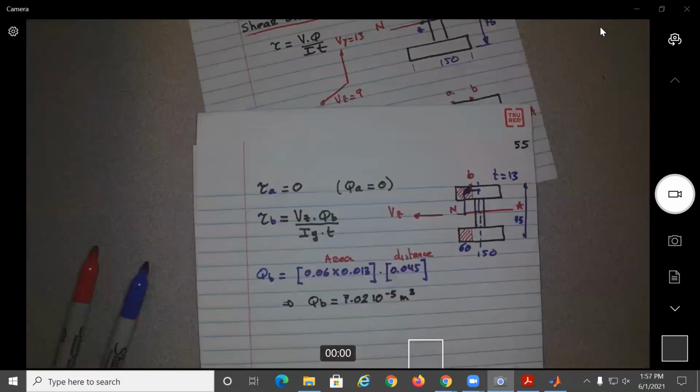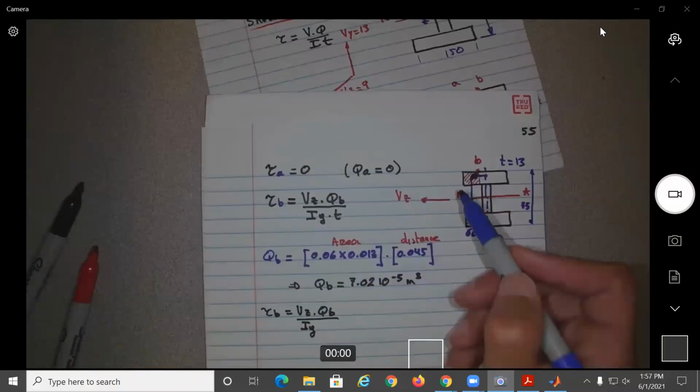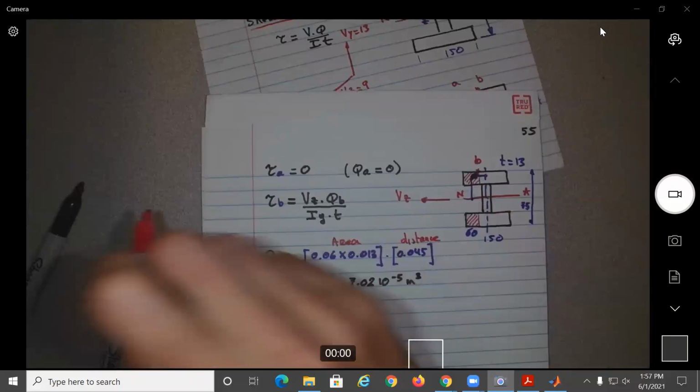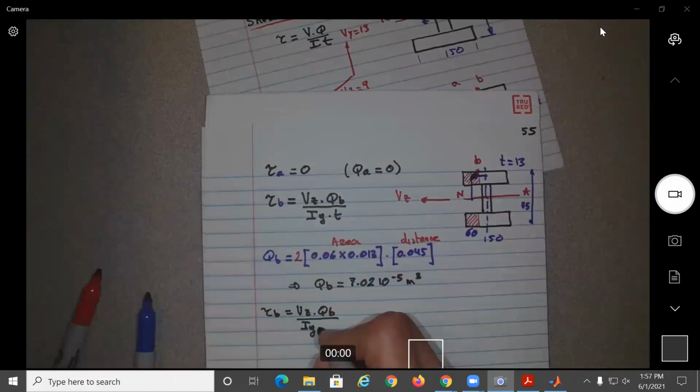So now we substitute into tau of B equal to VZ Q of B divided by I sub Y. Oh, sorry guys. Since it's the top and the bottom, don't forget to put a 2 over here. And now here times T. So I'm going to write everything down, that way we're not going to miss anything.